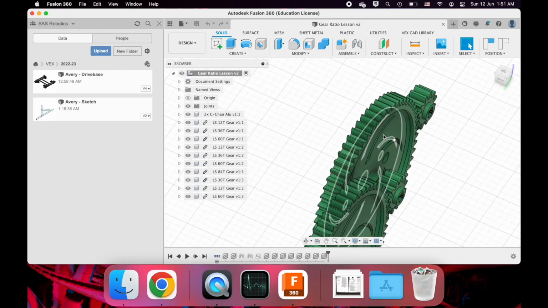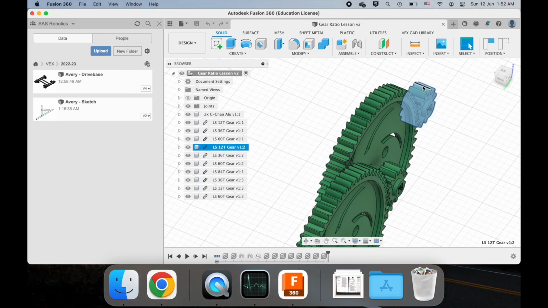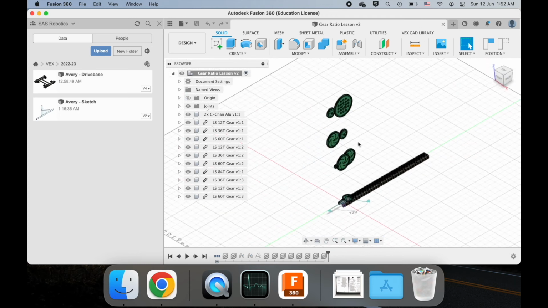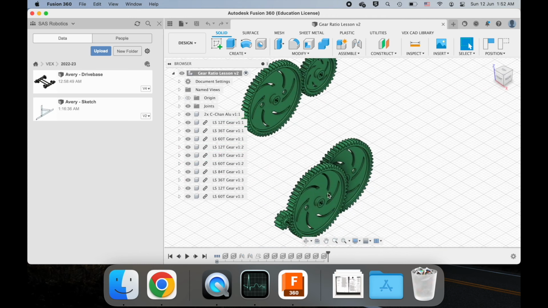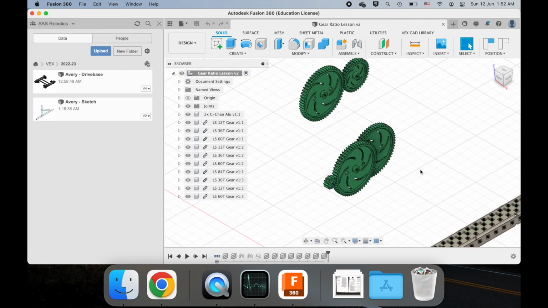And because they're spinning at the same speed, this gear is going at 1/5 the speed of that gear. Okay, so ultimately, between these two gears, we have a 25-to-1 gear ratio.